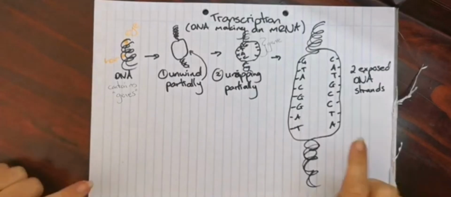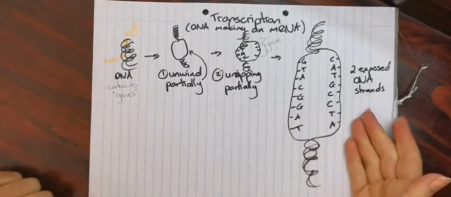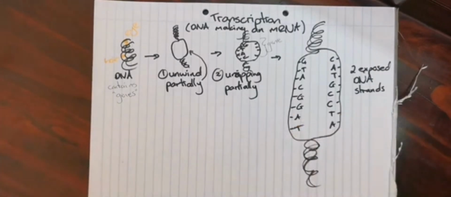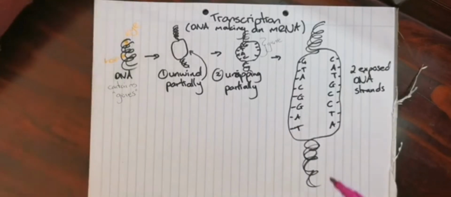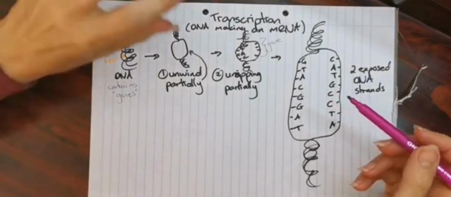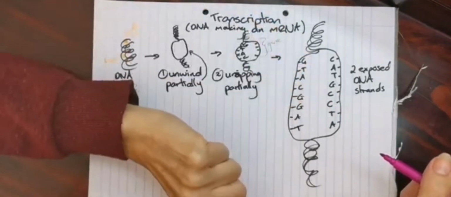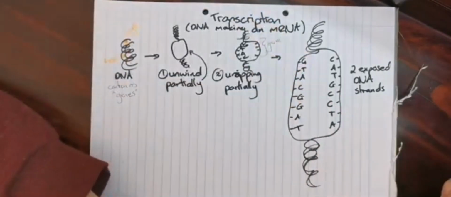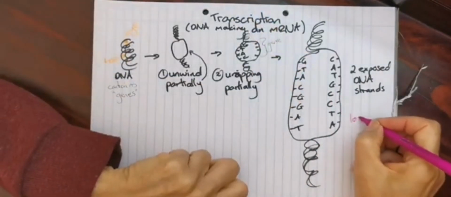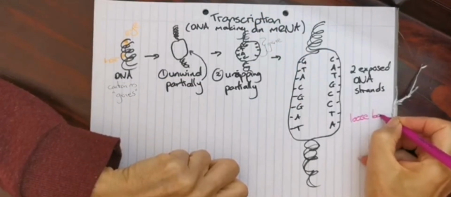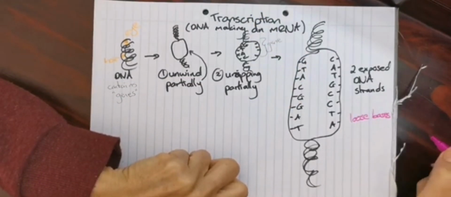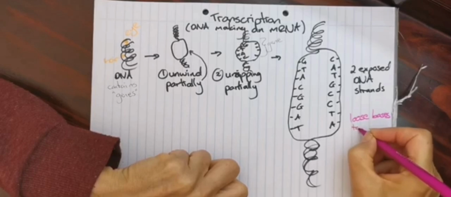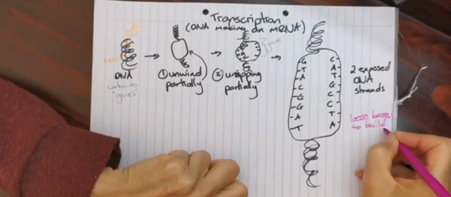In a paper, it's sometimes the left side, sometimes the right side. There isn't a given rule of which side it's going to be. So let's use a purple pen, and we imagine we are now going to attract loose nitrogenous bases, in purple. We're going to build an mRNA strand.